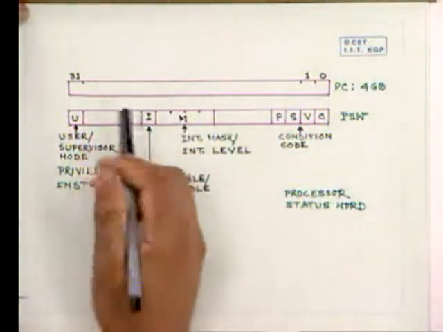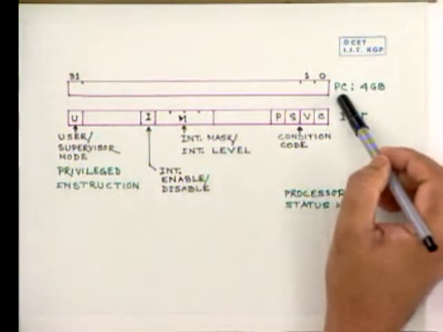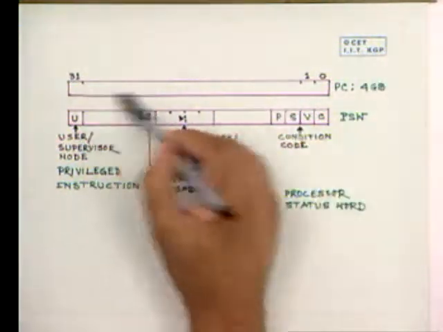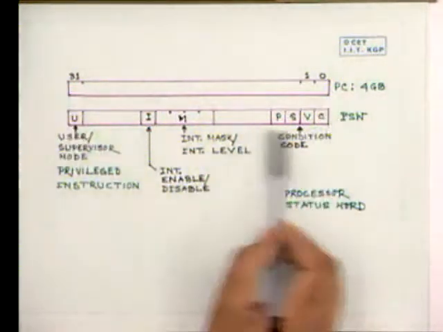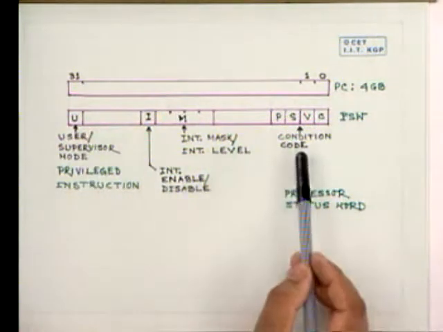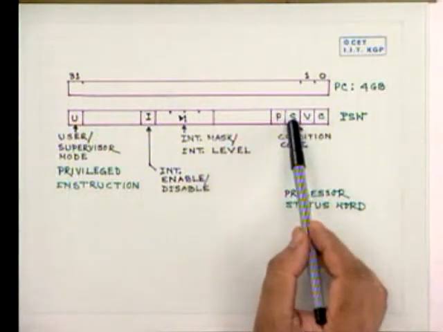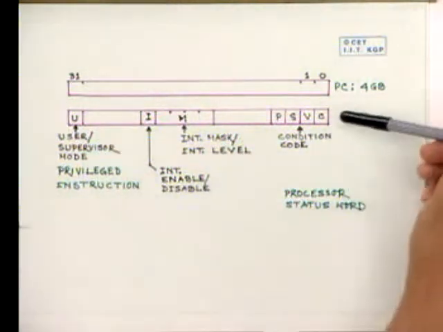Here I have assumed that we have a 31-bit program counter. I think it turns out to be 4 GB of addressable main memory. Now, here is the processor status word. It contains the carry, overflow, sign, and parity bits at any instant of time.